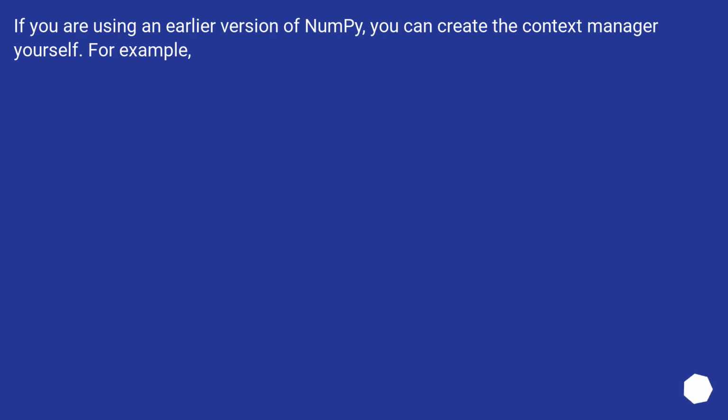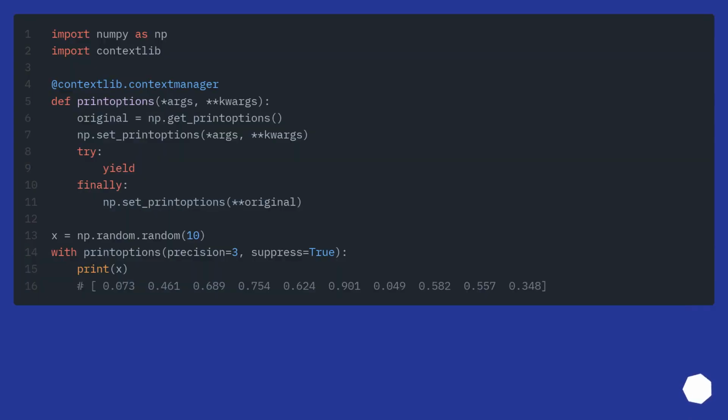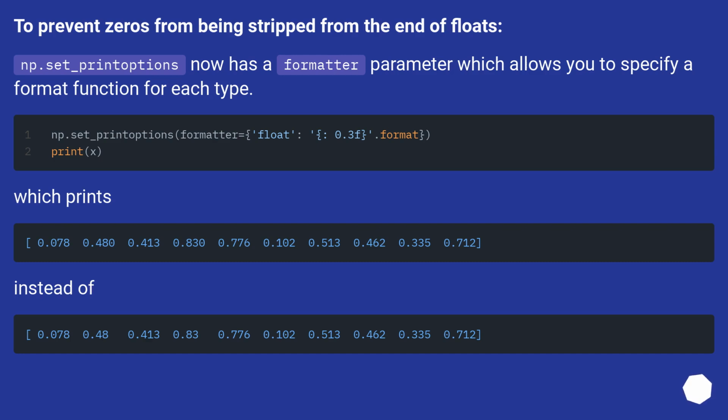For example, to prevent zeros from being stripped from the end of floats, np.set_printoptions now has a formatter parameter which allows you to specify a format function for each type, which prints this instead of this.